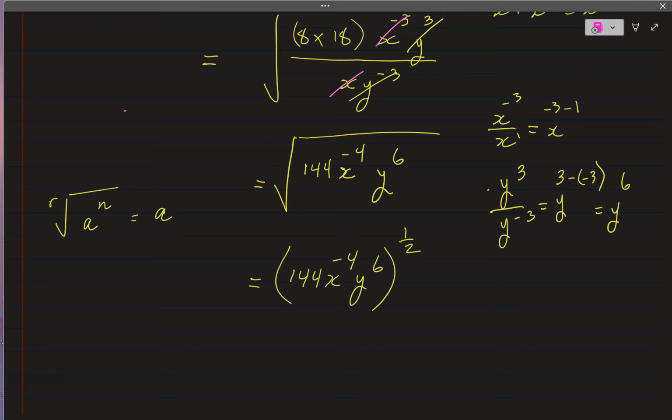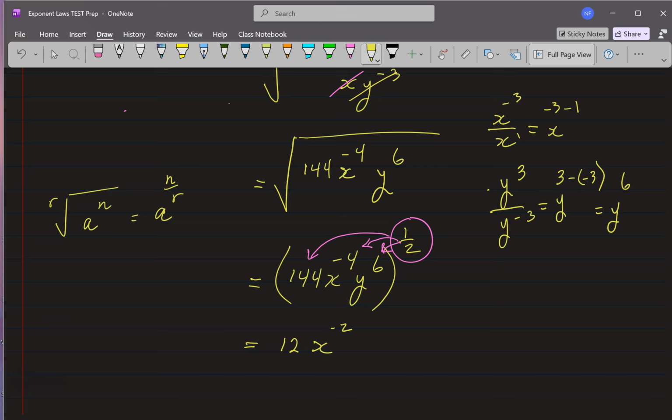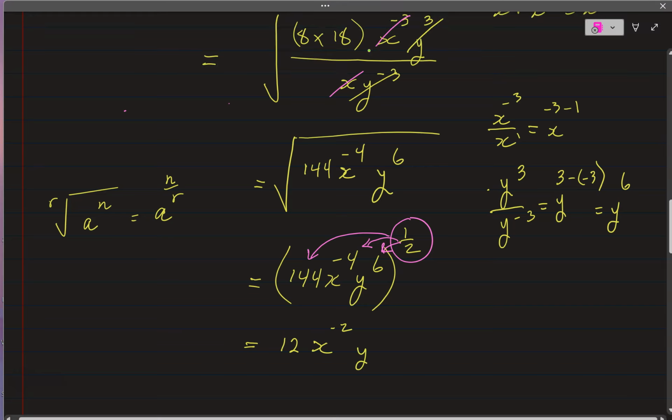So this is a to the exponential form, n divided by r. It's one of the rules on top. So 144 to the 1/2, that's the square root of 144, that's 12. Then x to the negative 4 times a half, that's negative 2. This half belongs to every single one of these guys, and it's the power of a power rule. That's what we're using. Next, y to the 6 times 1/2, that's 3.